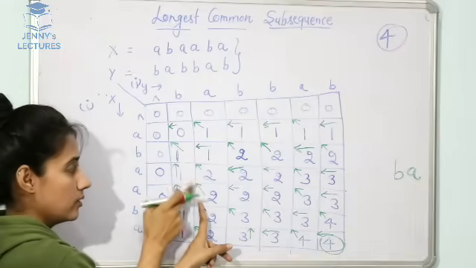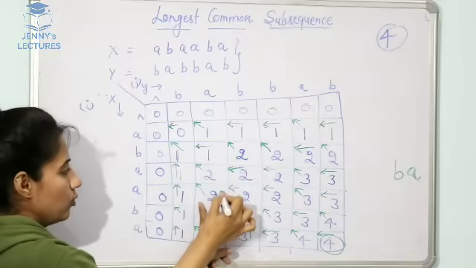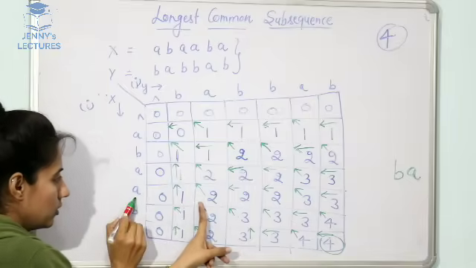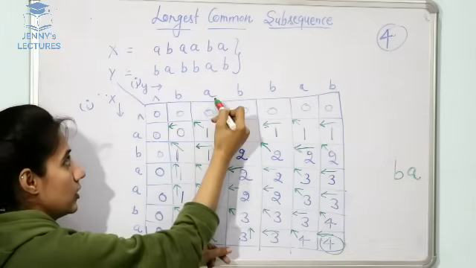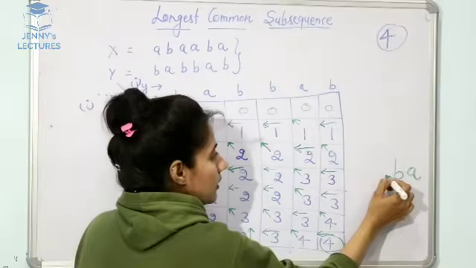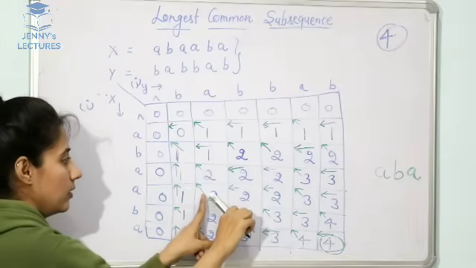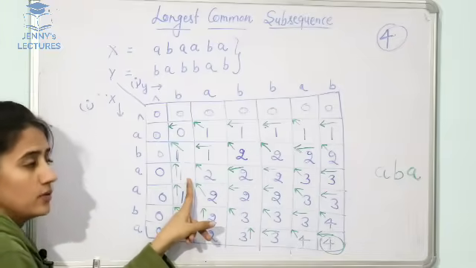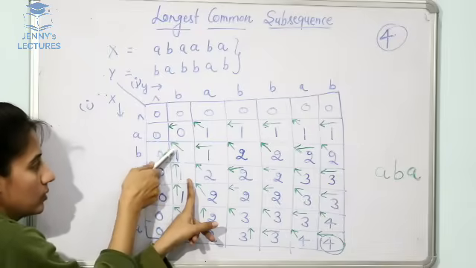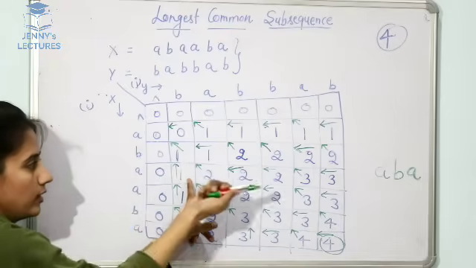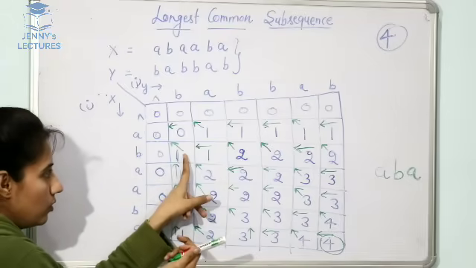If the arrow goes diagonally upward, then corresponding to that box you check the character in the row and the column, that is A and A. We will write A here, and then we will jump upward. We are at this 1, and here the arrow goes straight upward. We will not write any character because this is not diagonally upward. We will go here only.